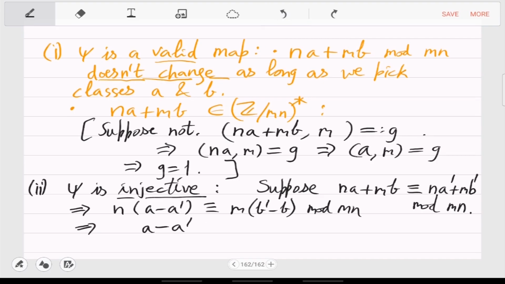Or you can just write simply like this, right? So m has to divide, or maybe let's do that step. So this means that m divides n times a minus a prime, which means that m divides a minus a prime, which means what?